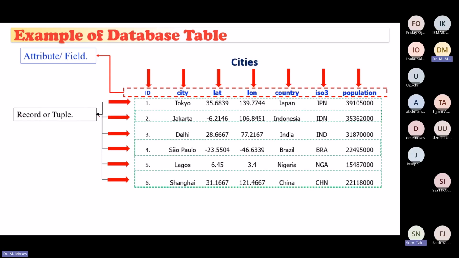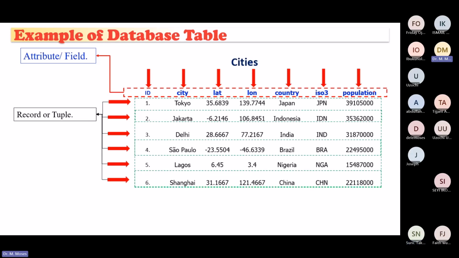So we refer to the rows as record or tuple, meaning each row is a single record. For this table, for example, it means we have 6 records because we have 6 rows. Okay, and then we have 1, 2, 3, 4, 5, 6, 7 fields, 7 columns, or 7 attributes.